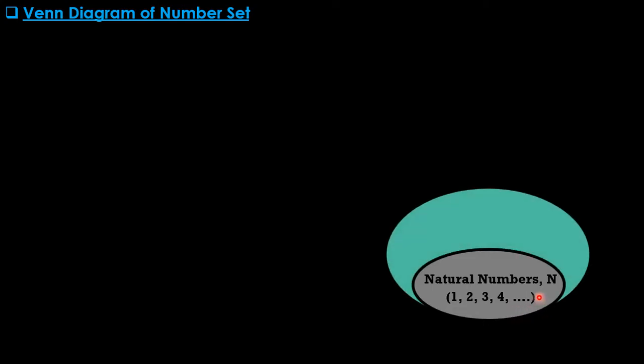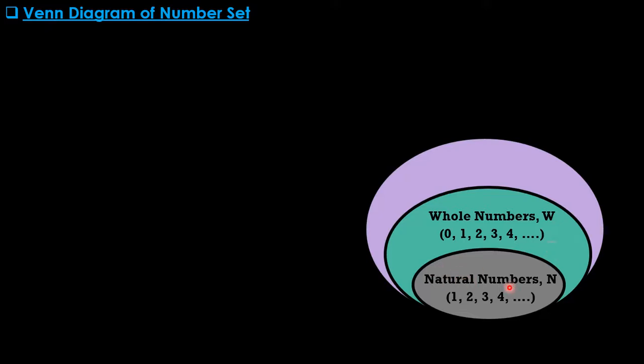So these are natural numbers N: 1, 2, 3, 4 up to infinity. Then come whole numbers W: 0, 1, 2, 3, 4 up to infinity. The interesting thing is that natural numbers are a subset of whole numbers.